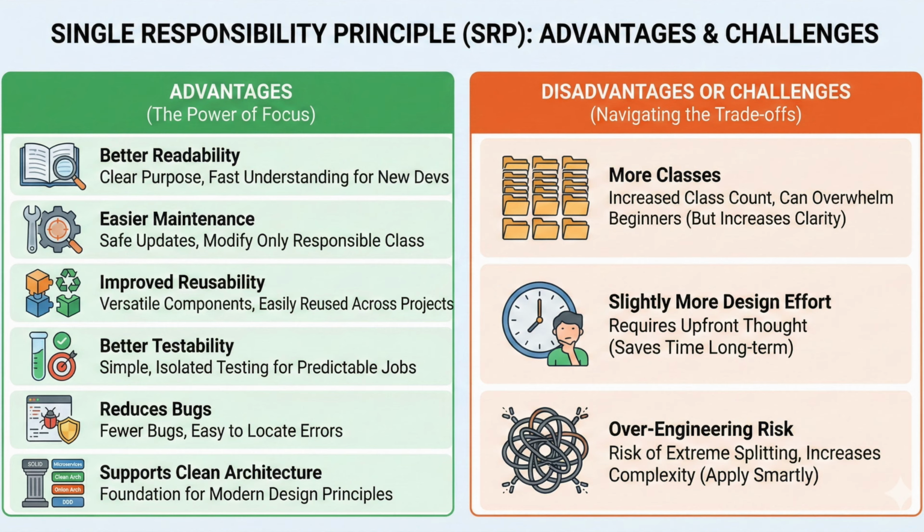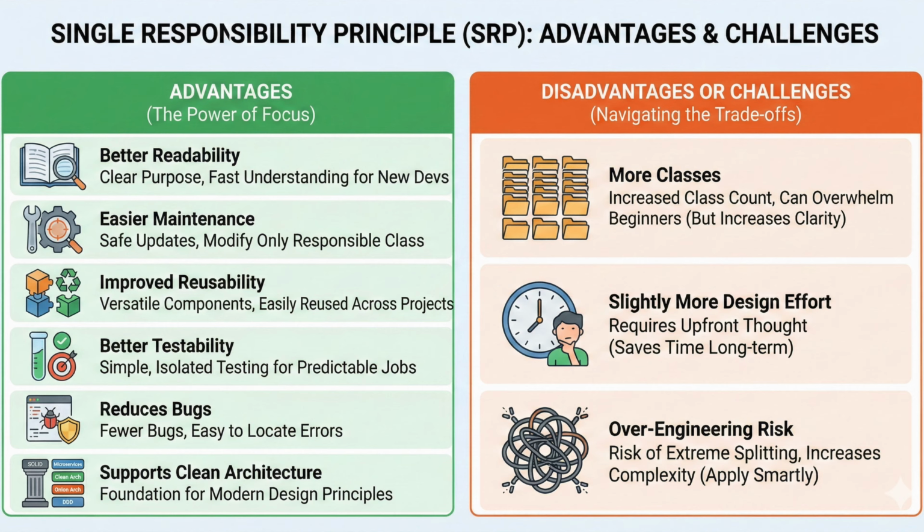Conclusion: the single responsibility principle is one of the most powerful concepts any developer can learn. It transforms messy, fragile, spaghetti code into structured, professional, enterprise-grade software. When we design applications where every class, every module, and every service has one focused responsibility, the system becomes clearer, stronger, scalable, and future-proof.